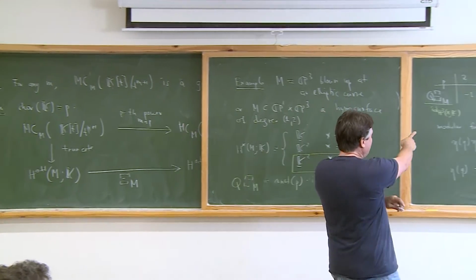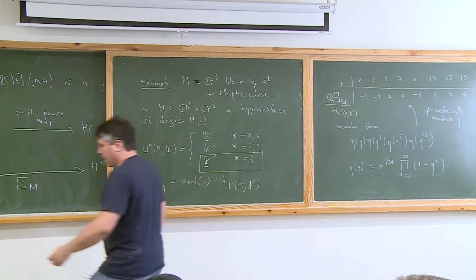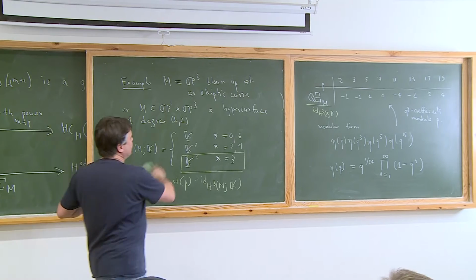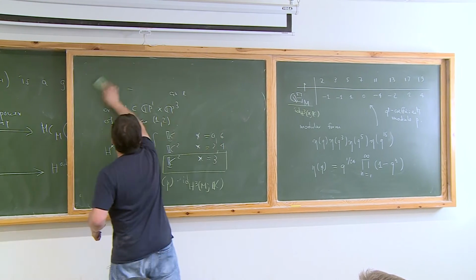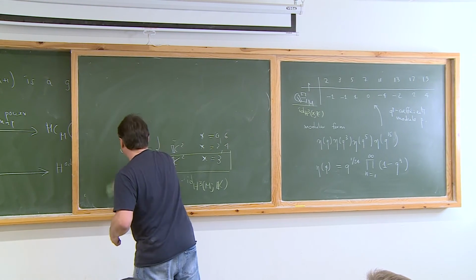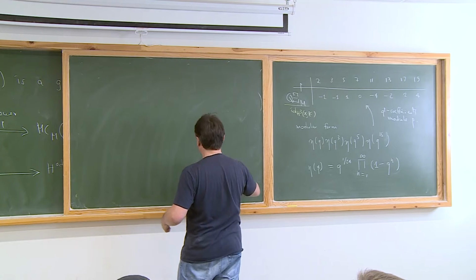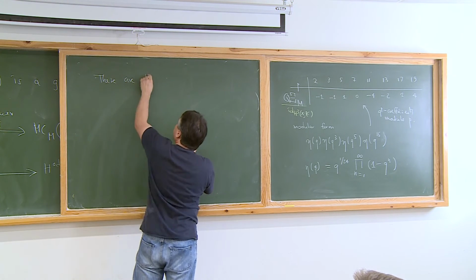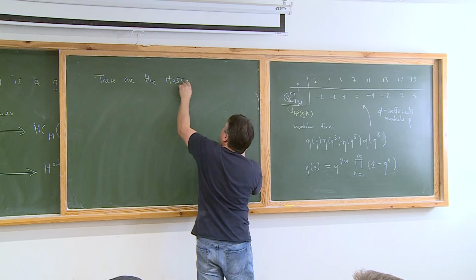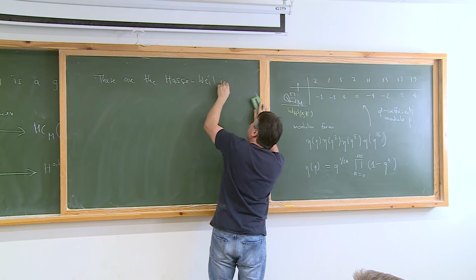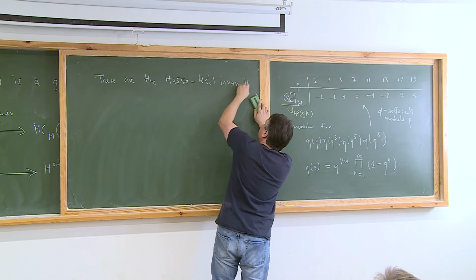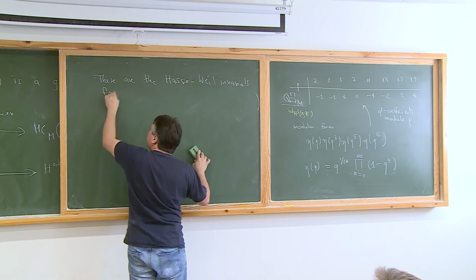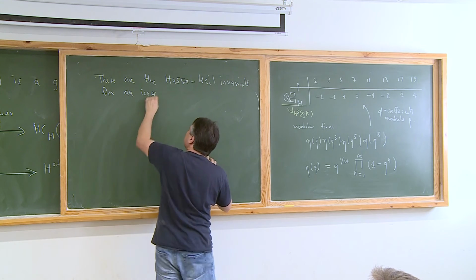So these are the Hasse-Weil invariants for an isogeny class of elliptic curves.